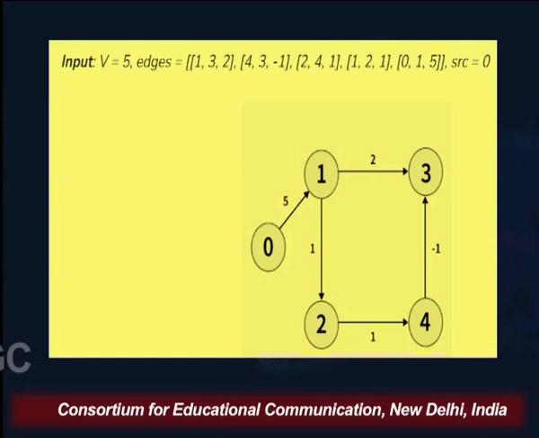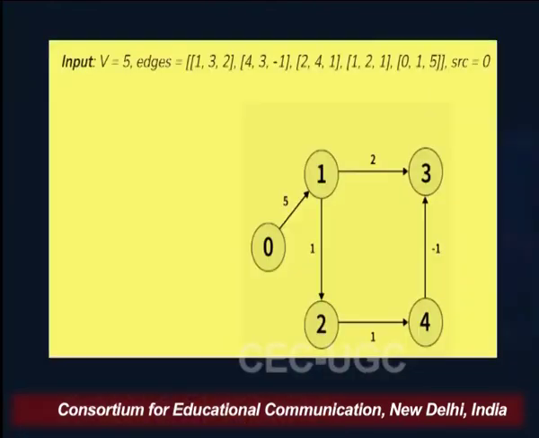Between 1 and 3 there is an edge with weight 2. Between 4 and 3 there is an edge with weight -1, and please remember that this is a directed graph. From 2 to 4 we have an edge with weight 1, from 1 to 2 it has weight 1, and from 0 to 1 it has weight 5. So this is what is given to us.